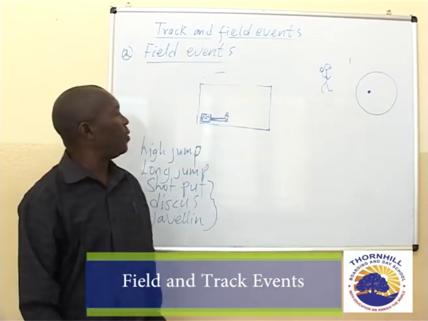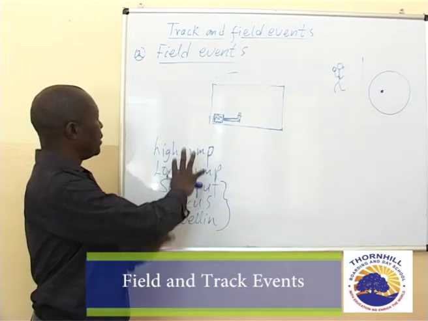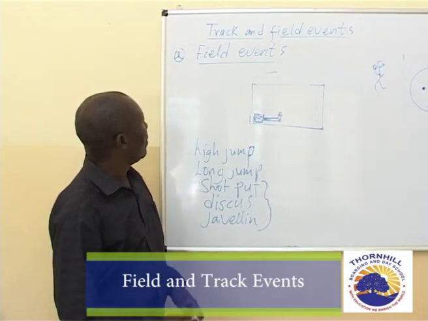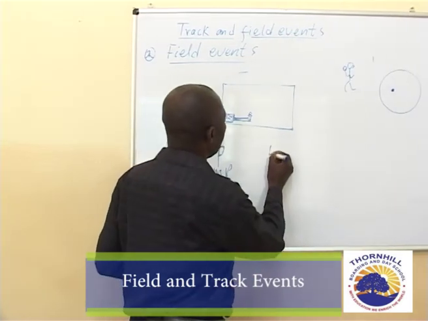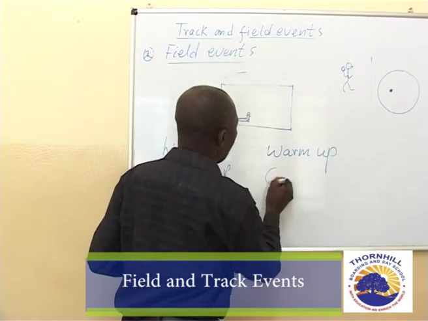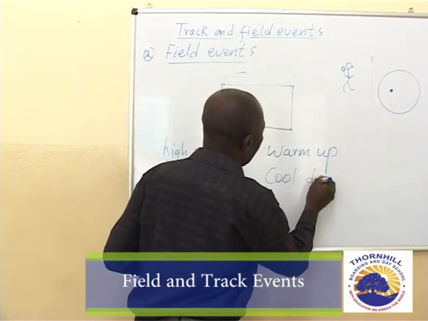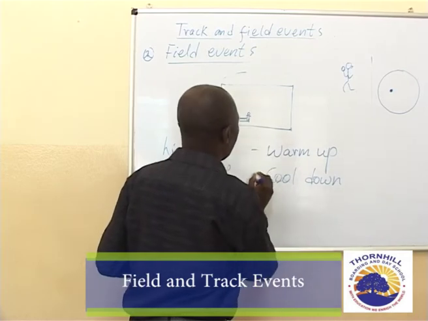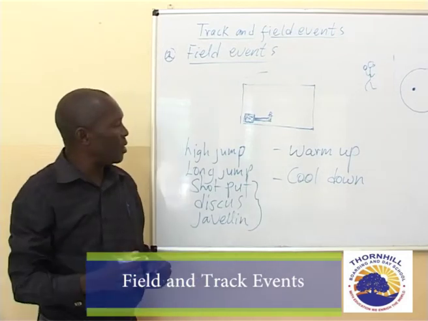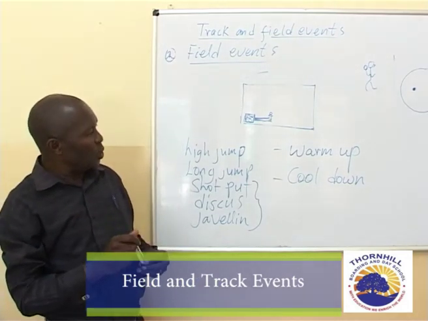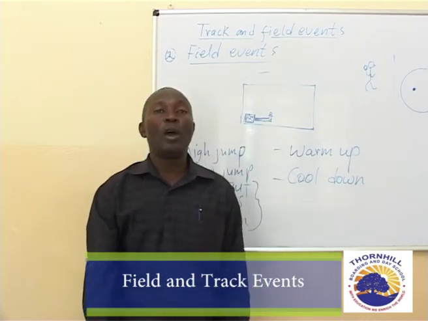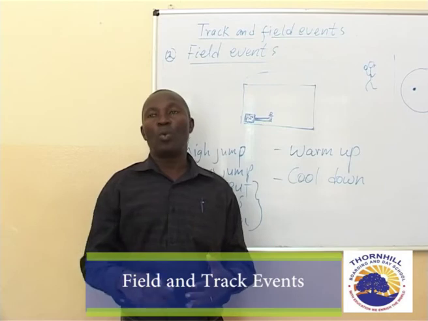At the end of any of these activities, after high jump, after javelin, there's what we call a cool down. Okay? At the start, there's a warm-up. At the end, you have the cool down. After running 800 meters, that is 2 laps around the field, you are not supposed to go and sleep or sit down, but first you have to do a cool down, just to cool down your body.